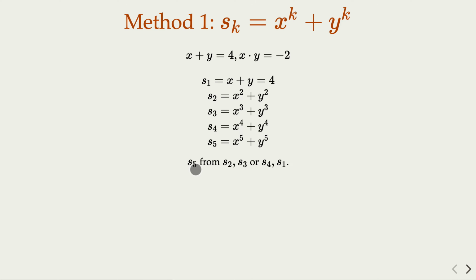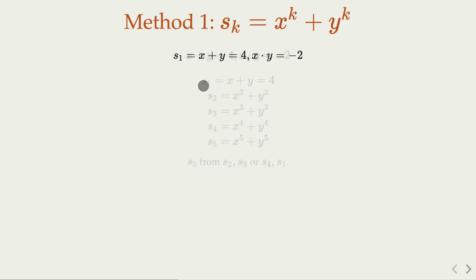Now, usually x to the fifth can be calculated from maybe the third and second, or the fourth and the first, right? So in general, in method 1, we start from some initial S_k, and we move from S_k to S_{k+1}.